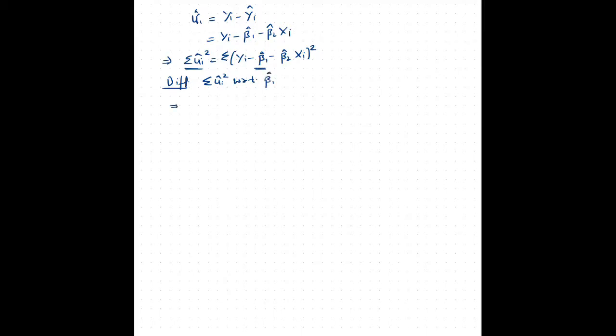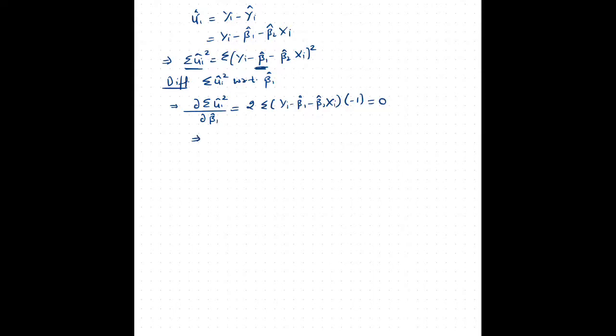So differentiating with respect to beta 1 hat, we get 2 summation yi minus beta 1 hat minus beta 2 hat xi, multiplied by minus 1, because here we have beta 1 with coefficient minus 1, and this equals 0.